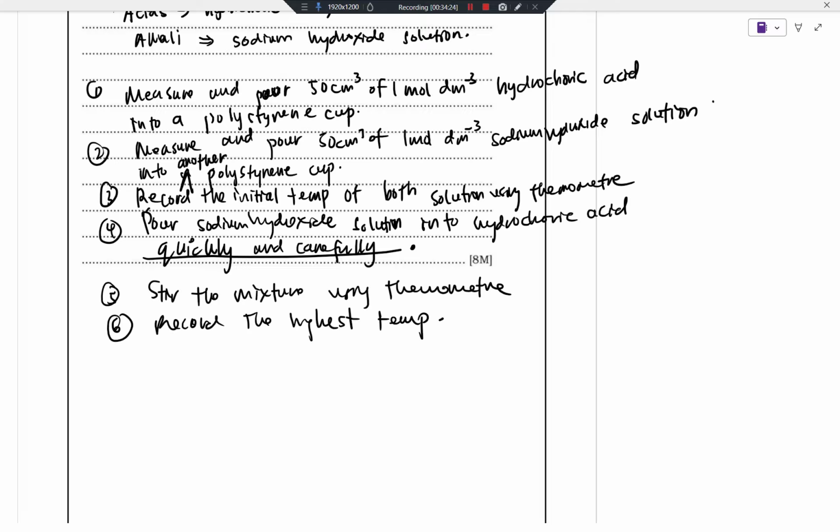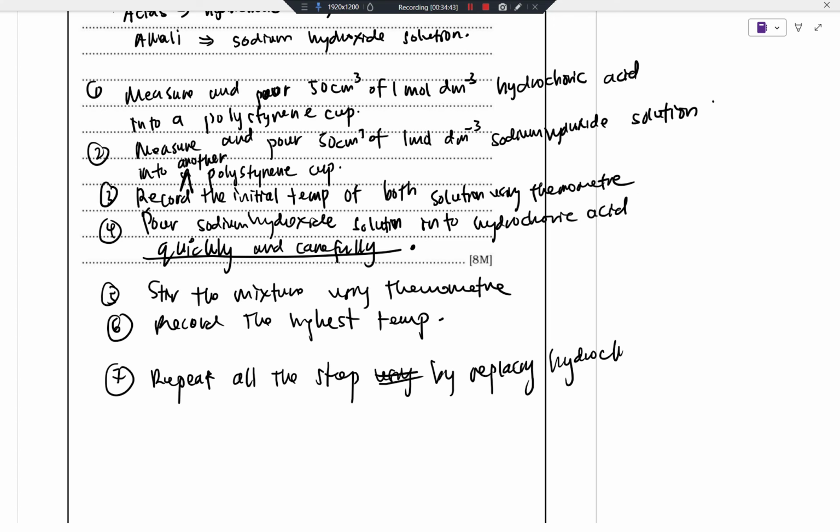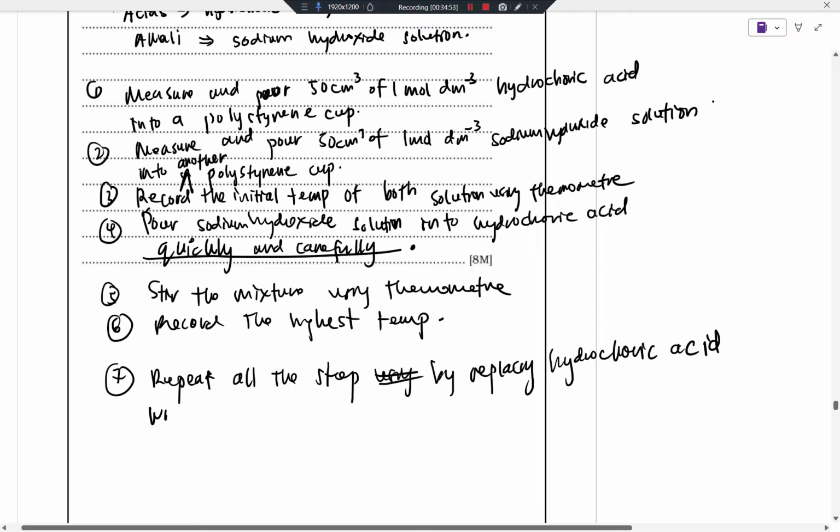Okay, so repeat all the steps by replacing hydrochloric acid with ethanoic acid.